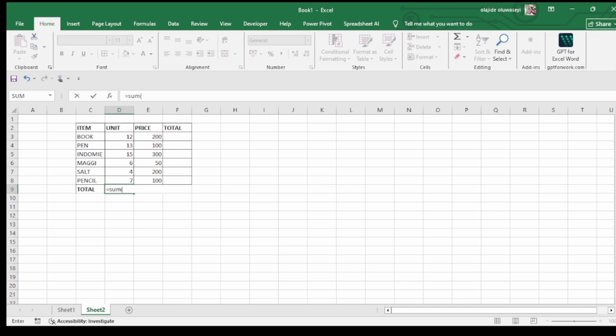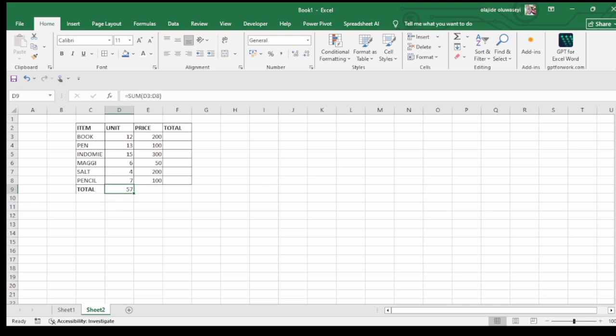Open bracket. Now it will ask you which number to which number. Look at your cell referencing. We have the D3, look at it here, D3 column. Where are we summing to? Where is the end? We have D8. Can you see? D8. Once you press your equals to, it gives you your formula.